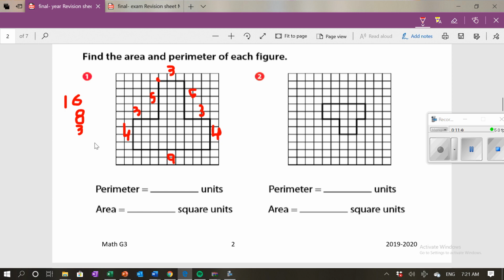And we still have 9. Let's add them together. Here is 6 and 8, excellent, it's 14. 14 and 3, 17. 17 and 9, yes, excellent, is 26.